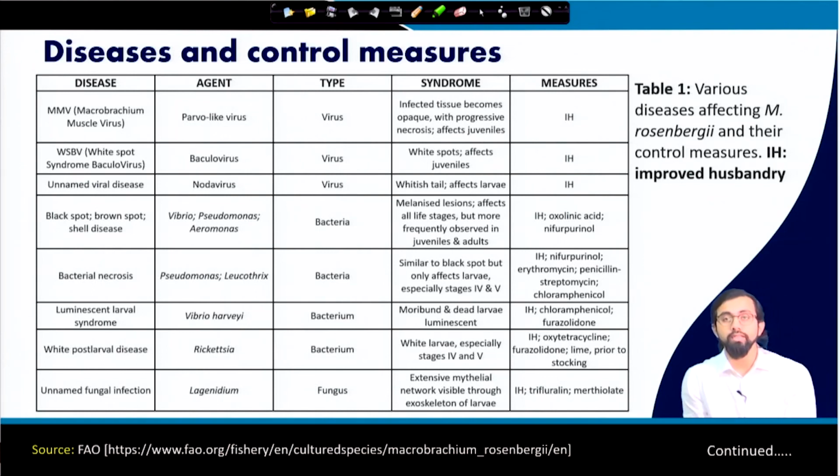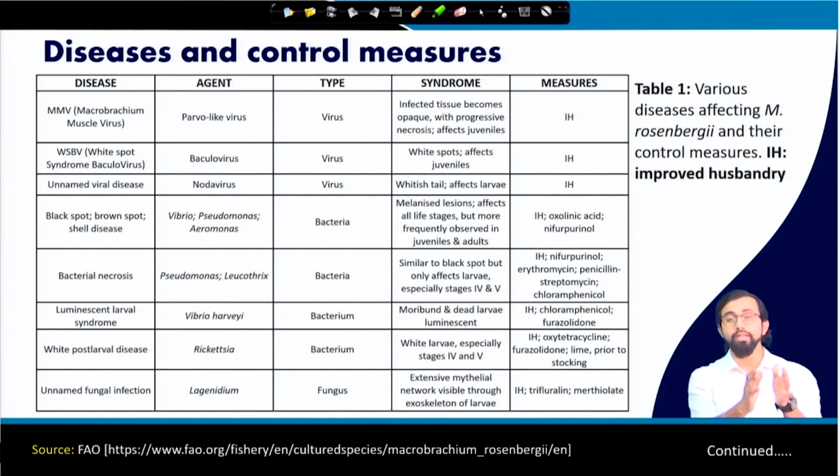These are a kind of medicine, the control measures that we can take when they are affected by these particular diseases.